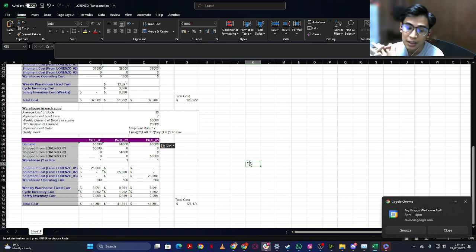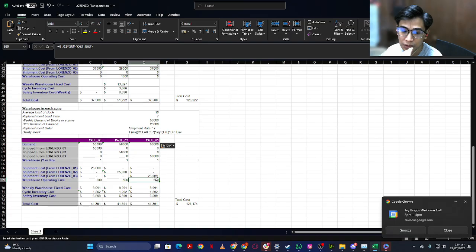Each ships 50,000 books locally, to be exact. So how do we compute the shipment cost per location? The shipment cost per location is 50,000 times 0.01, which is $500 here.